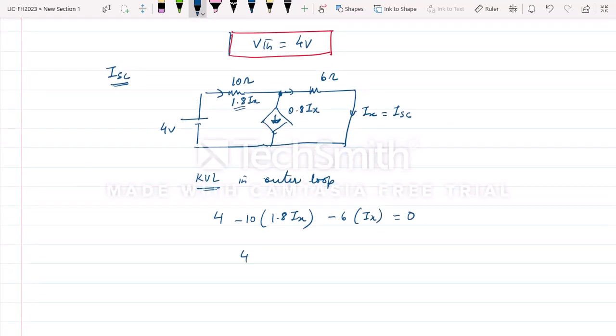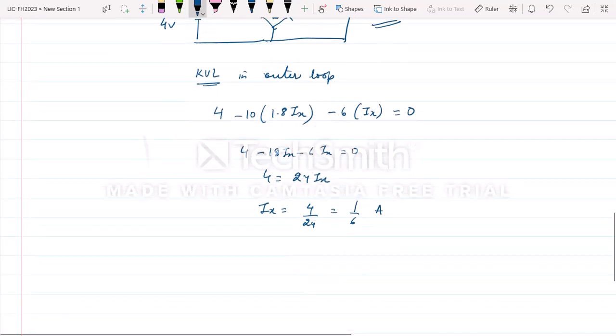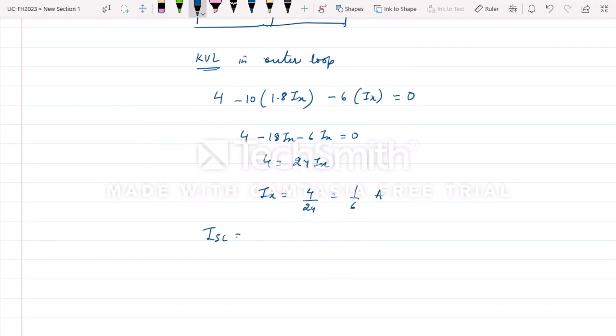So 4 minus 18 Ix minus 6 Ix equals 0. It goes there: 4 equals 24 Ix, and what is Ix? 4 by 24, or we can say 1 by 6 ampere. And Ix is nothing but ISC, so we can write ISC equals 1 by 6 ampere.